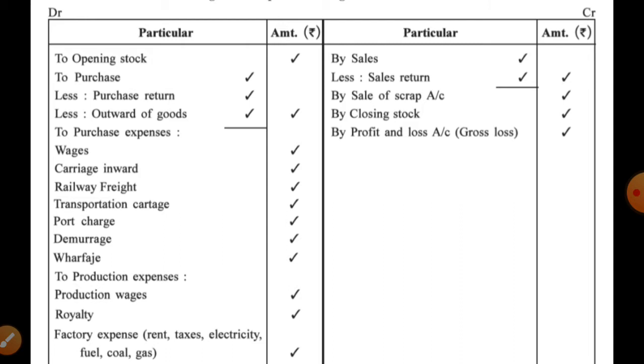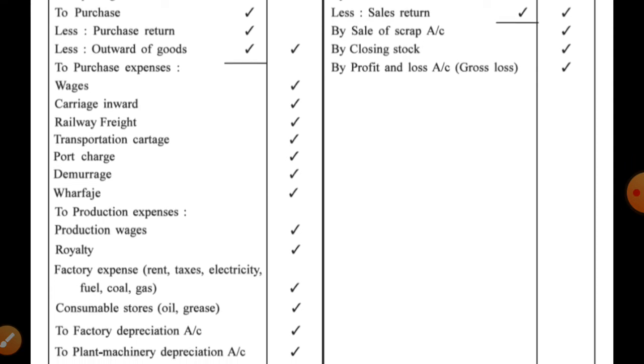Then afterwards, production expenses, production wages, and royalty. Now, what is royalty? It is a legal payment made to an individual for ongoing use of his or her created assets, copyrighted works or franchise, etc. If a firm has a copyright, or has a franchise, or has ownership or legal authority over any particular asset, and gives another person the authority to utilize his or her assets, copyrighted work, or franchise, then it will charge royalty from that person.